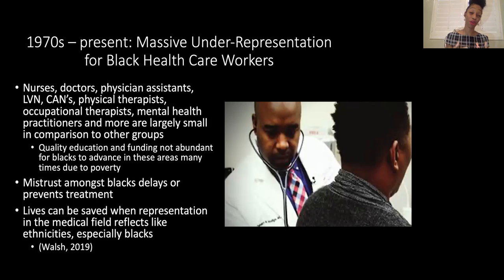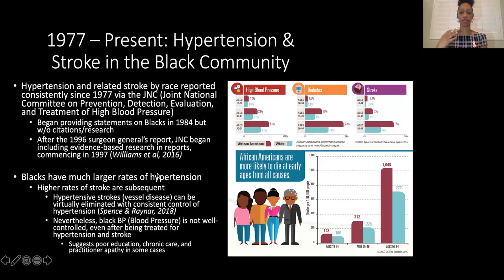Oftentimes we die in childbirth at higher rates, and that's another slide coming up. So we need more Black practitioners to save our own lives, and that will have a direct impact on public health's philosophy of widespread health and wellness as a community for everyone and interdependence.